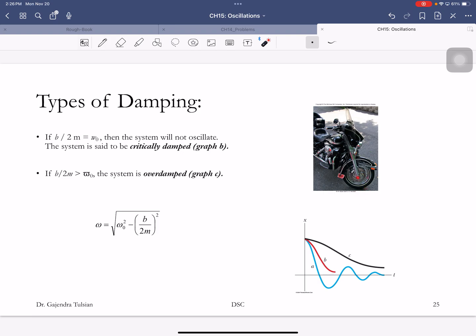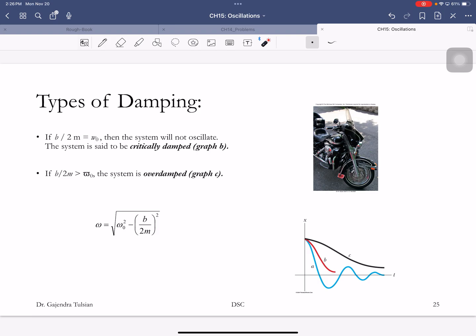You want it to come back and not even oscillate. So you want to put in enough damping that it doesn't oscillate. It comes back to the road. If it oscillates, then it'll bounce. And of course, you don't want it overdamped where it doesn't even come back to its original length. You want the motorcycle wheel to come back to the road.